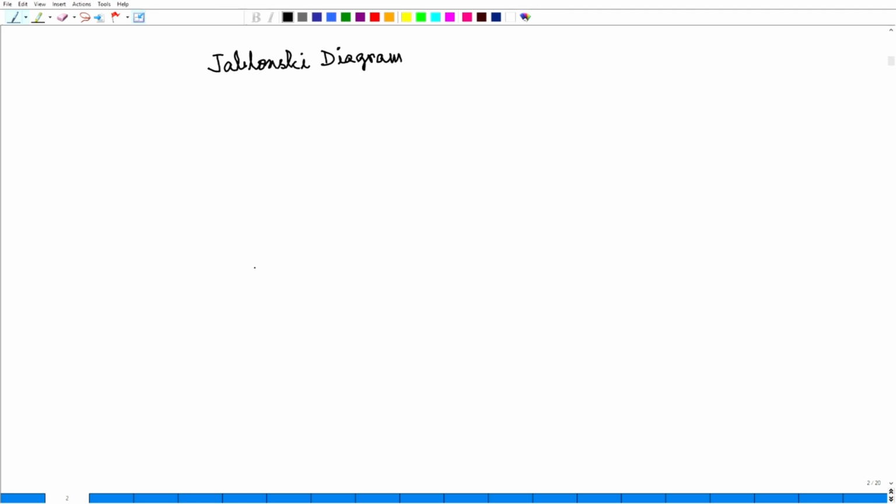So, here is your electronically ground state. This is the electronically first excited state. These are vibrational levels. The electronically first excited state, I write S1. The electronically second excited state, I can write S2.